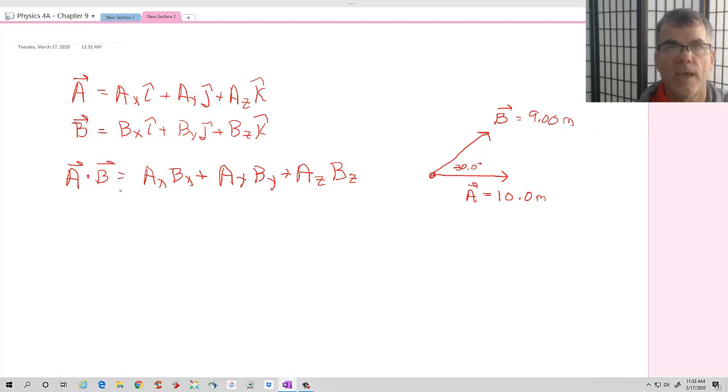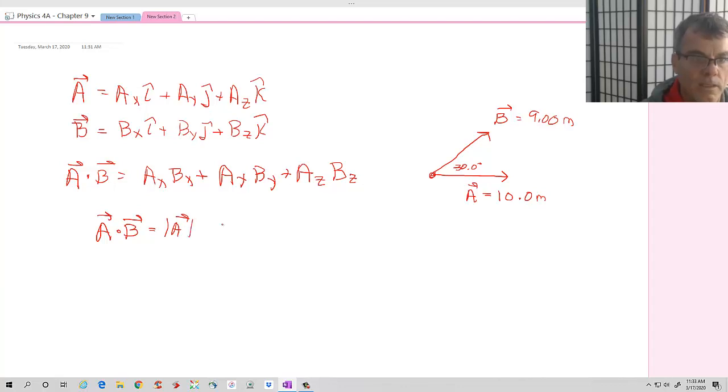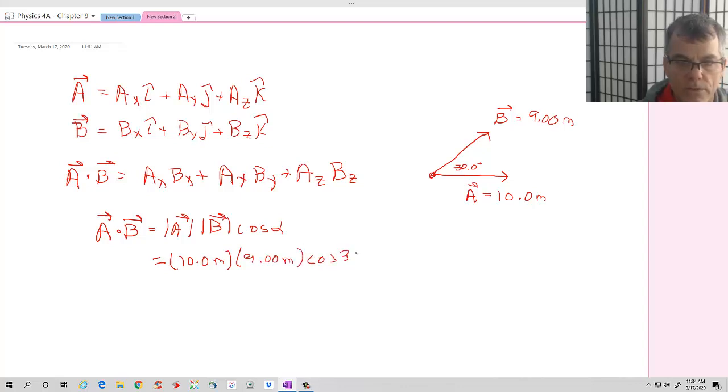So the first way of calculating the dot product is A dot B. Again, it's the magnitude of A times the magnitude of B times the cosine of the angle between the two vectors. So for this particular example, the magnitude of A is 10 meters, the magnitude of B is 9 meters, and the angle is 30 degrees.